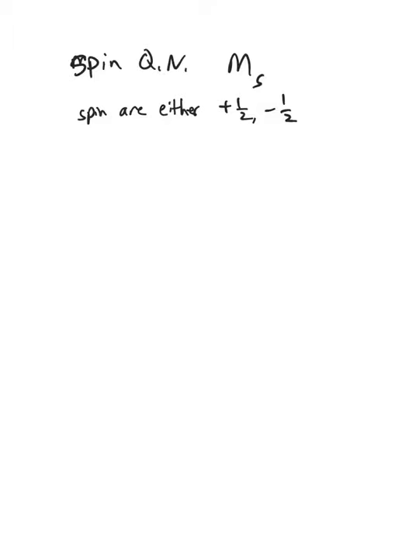That's the spin quantum number, m sub s. So to summarize, we can designate an orbital in an atom with a set of 3 quantum numbers. And to designate all the electrons in an orbital, we need that 4th quantum number, m sub s, that designates the spin.